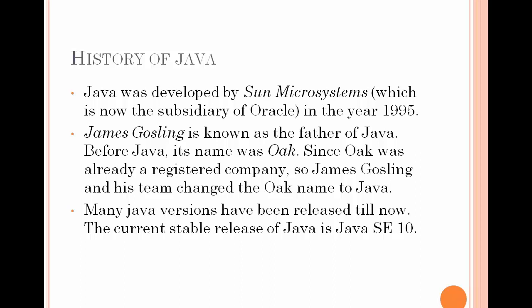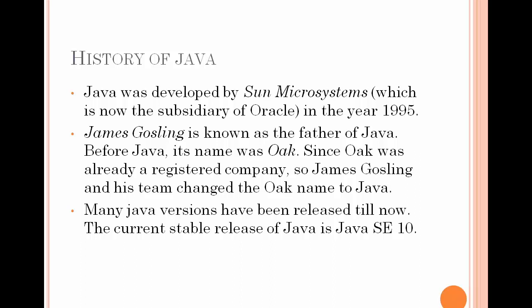Initially Java was developed by Sun Microsystems, but right now it is a subsidiary of Oracle Corporation. JDK 1.0, the first version of Java, was released on January 23, 1996. After the first release, many additional features have been added to the language.